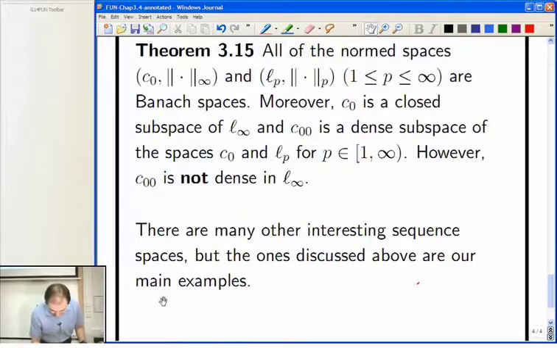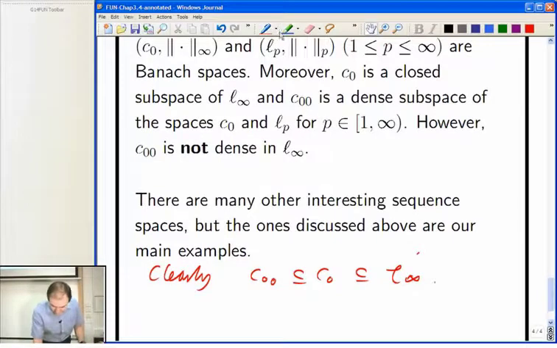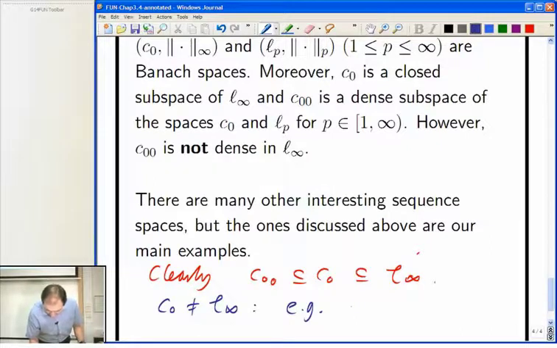So clearly we have C00 is a subset of C0 is a subset of little L infinity. Well, I mentioned why C0 was a subset of L infinity earlier. C0 is not equal to little L infinity. For example, the sequence 1, 1, 1, 1, and so on is in L infinity and not in C0.